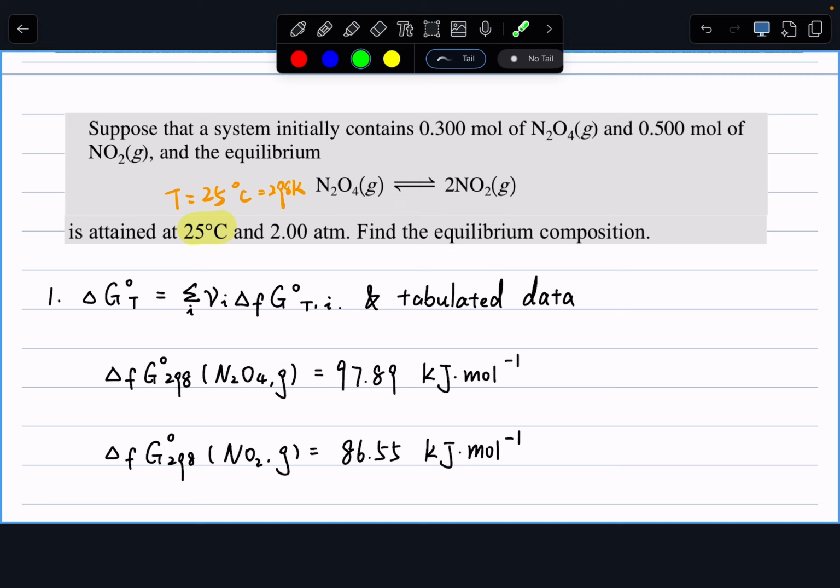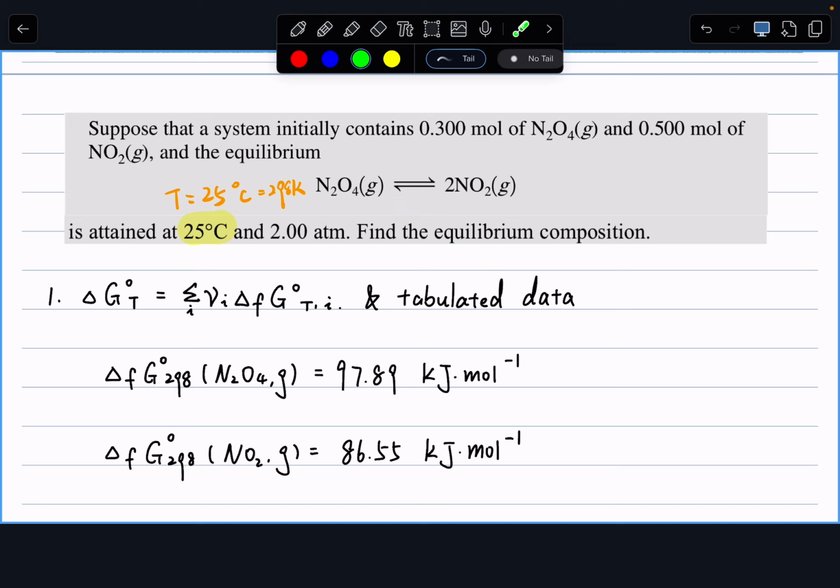And we know that at equilibrium, temperature equals 298 Kelvin and pressure equals 2 atm. The question asks us to solve for the number of moles of N2O4 at equilibrium and the number of moles of NO2 at equilibrium. This is how I read a question whenever I see something like that. I just write down what are the things I know and what are the things I need to solve for.